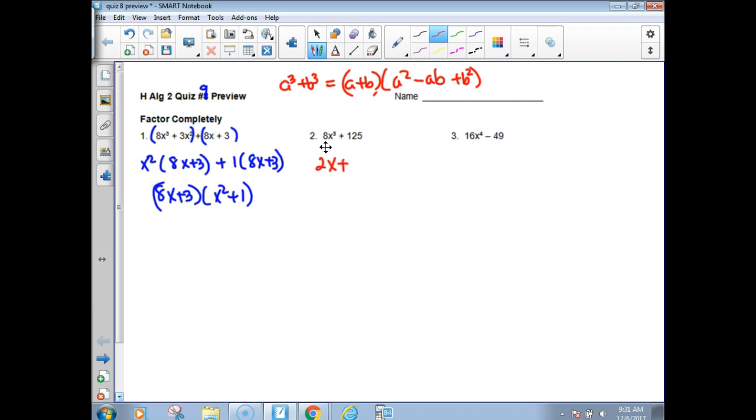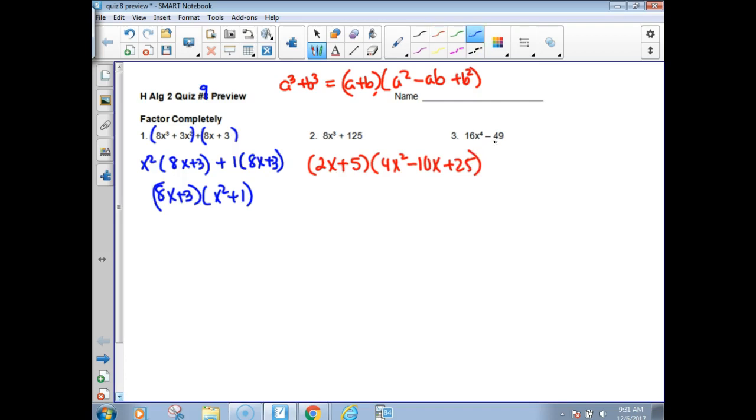So uncubing 8x cubed would be 2x. Uncubing 125 would be 5. And then in the next parenthesis, it's going to be 2x times 2x squared, which is 4x squared. Then you multiply 2x and 5 and get 10x and change the sign, minus 10x, and then the last 5 times 5, 25.